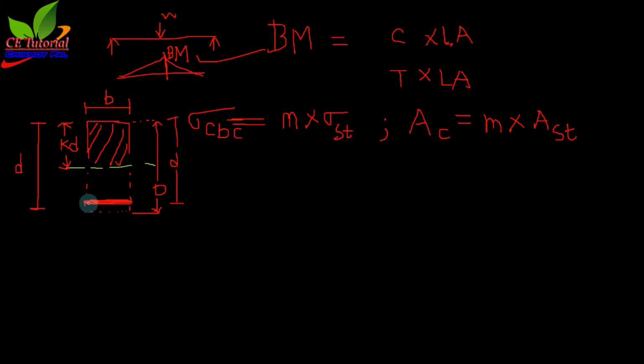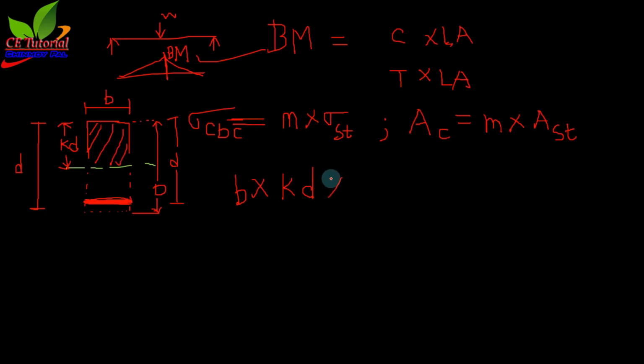Please keep in mind, area of tension zone means only the area of reinforcement. If I take the moment of area about the neutral axis, the total area of concrete in the compression zone is B multiplied by KD.